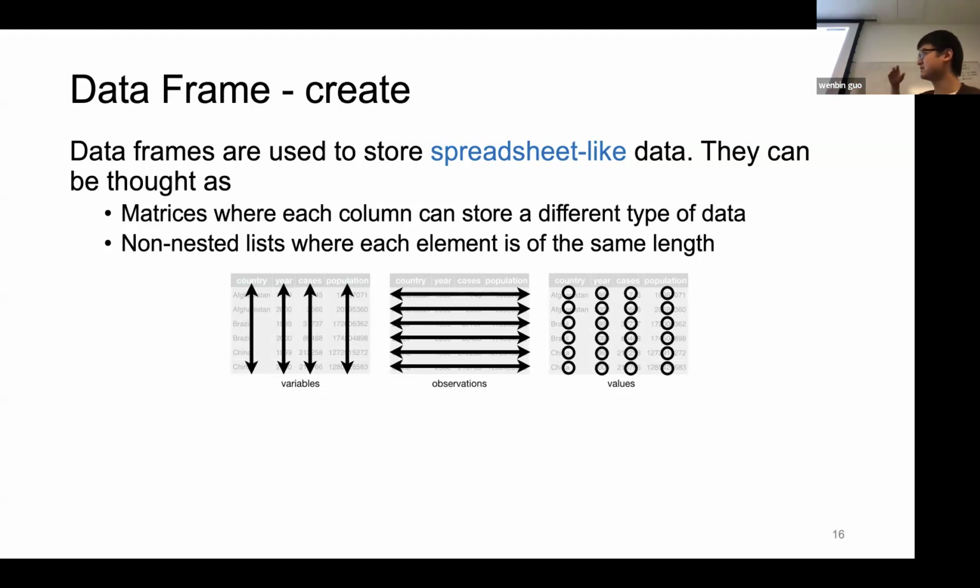So this is just one way to visualize our data frame. They can be considered as a matrix in some way. And they can also be considered as a non-nested list where each element is the same length. So how to understand this point is that you can consider the data frame as a list of observations.